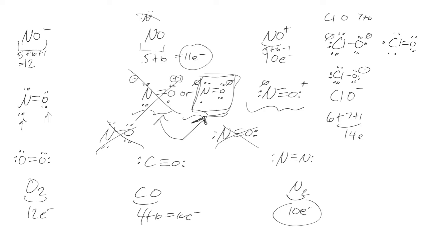We could have the octet rule not met for oxygen, with a formal charge of 0 on chlorine and 0 on oxygen. That seems like we're minimizing the formal charges while breaking the octet rule. Here we are still at 0 formal charges, but then expanding an octet.